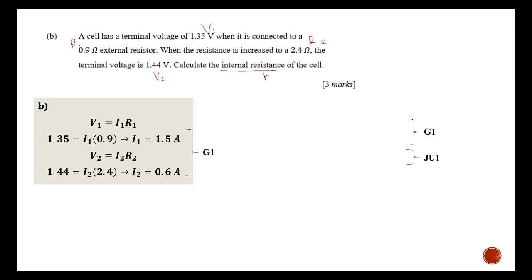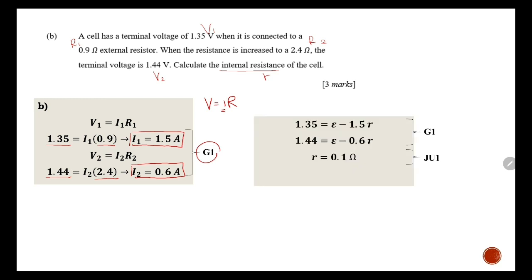So you can use Ohm's law, V is equal to IR, to calculate the current. For the first situation, V is 1.35, R is 0.9, we will get the first current. When V is 1.44 and R is 2.4, we will get the second current. The value of current is crucial because we want to use it in the next equation.